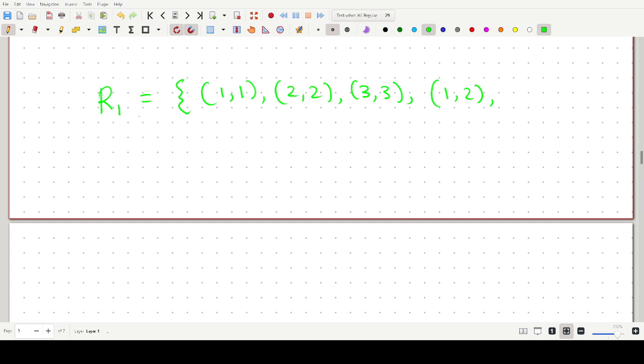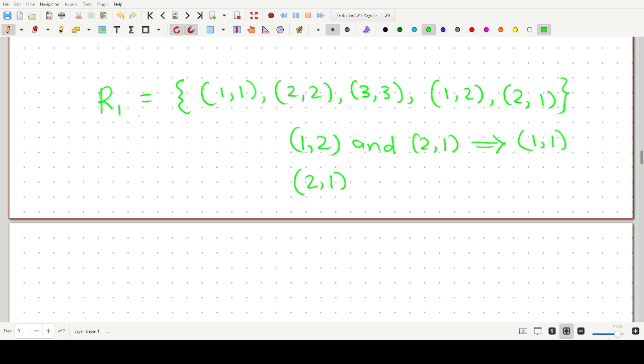Then since it is symmetric, (2, 1) will also belong to the relation. And as you can see, since (1, 2) and (2, 1) belong to R, you can easily say that (1, 1) also belongs to the relation R.